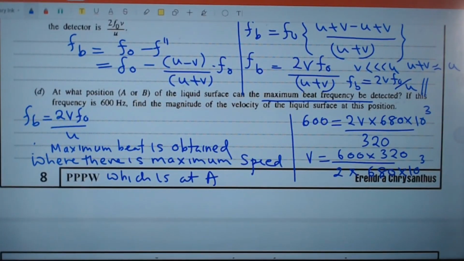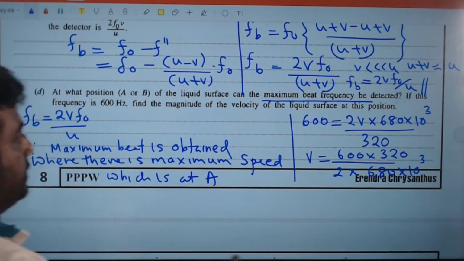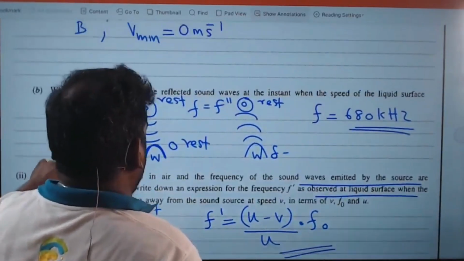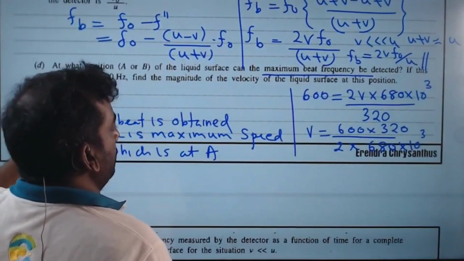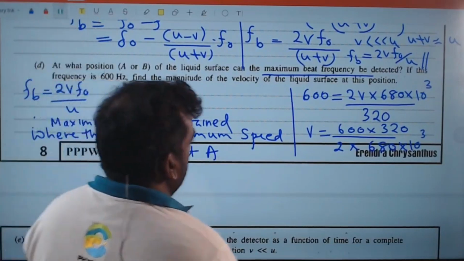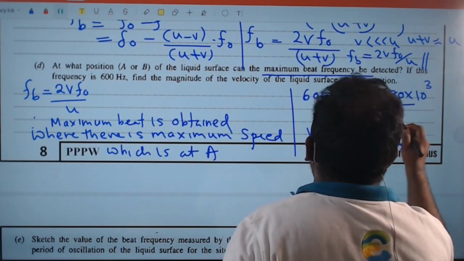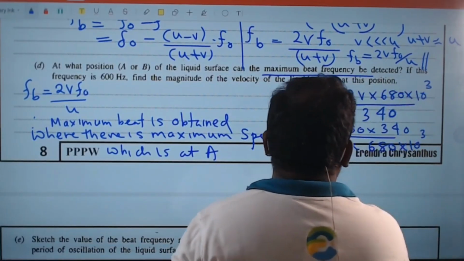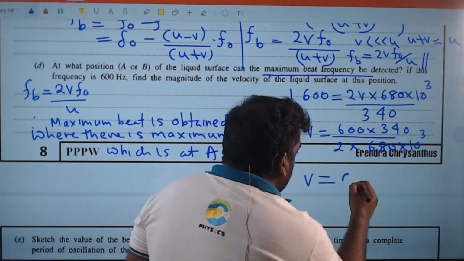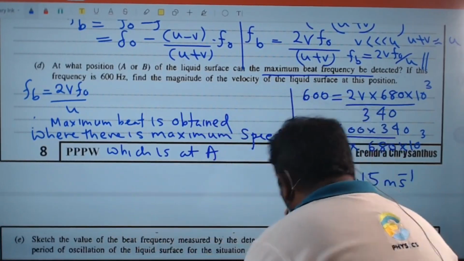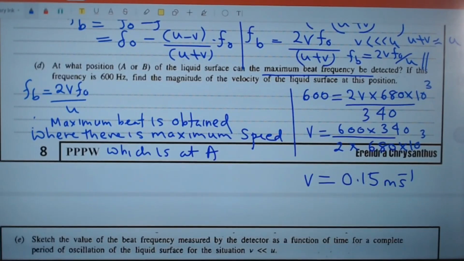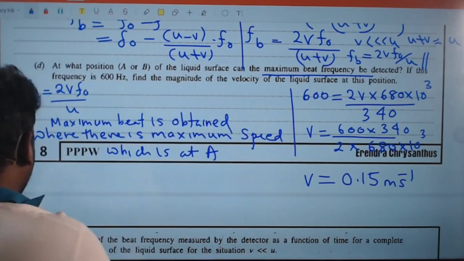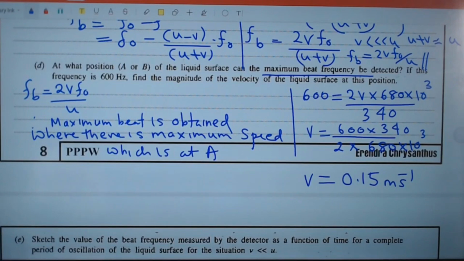Sorry, this is 340. I think it is given as 340. So v equals 600 multiplied by 340 over 2 into 680 into 10 to the power 3. So the velocity is 0.15 meters per second. Okay, right.